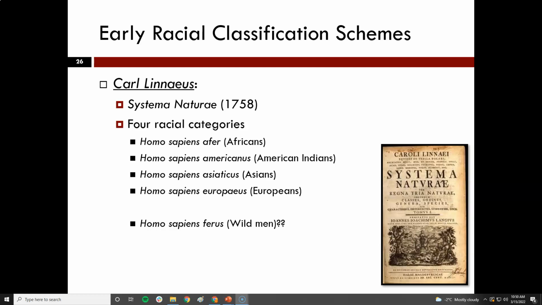There was actually a 5th one, the so-called wild men, but this one is a little bit more problematic. It doesn't show up later on, and it seems to have been based more on early or fantastical reports of human-like species, but doesn't actually represent human variation.